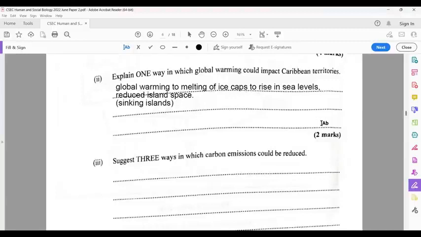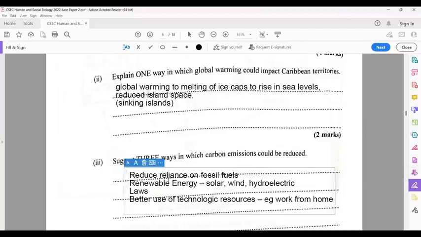Suggest 3 ways in which carbon emissions could be reduced. And there are a multitude of ways.